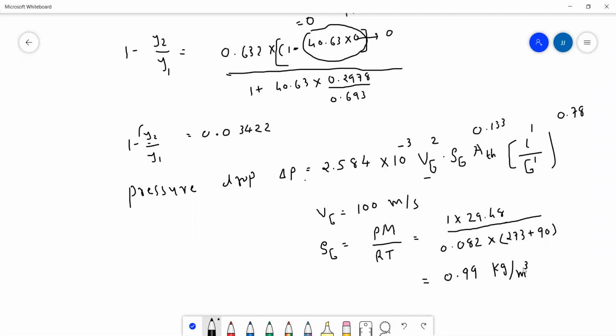And L dash by G dash, the liquid to gas ratio, is 1.4.